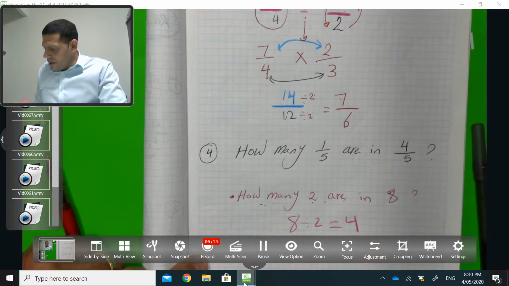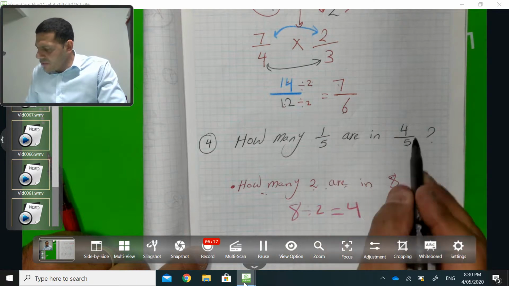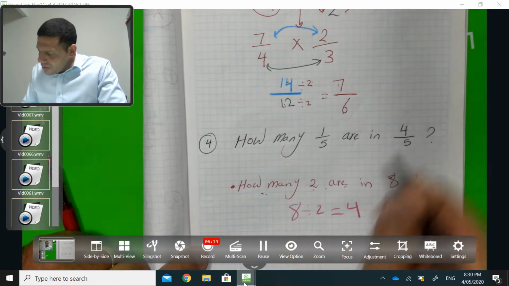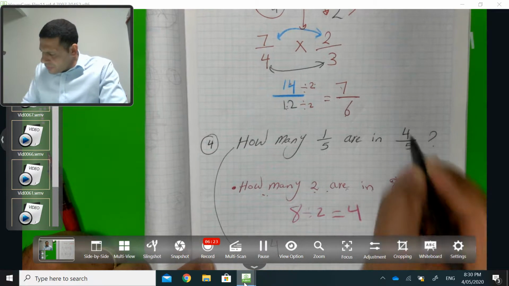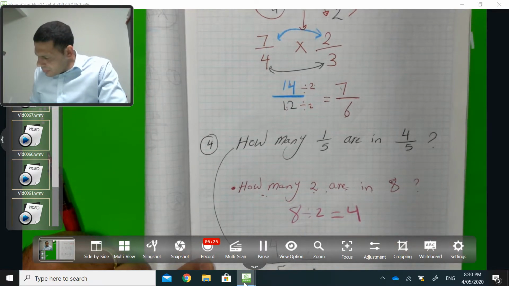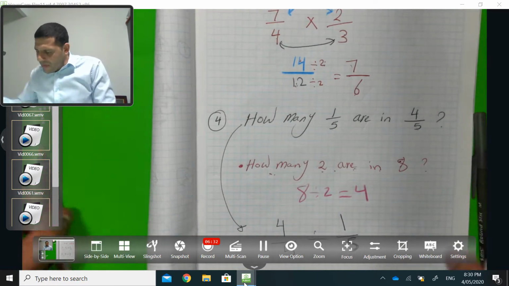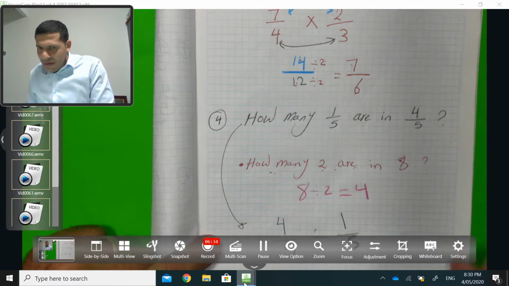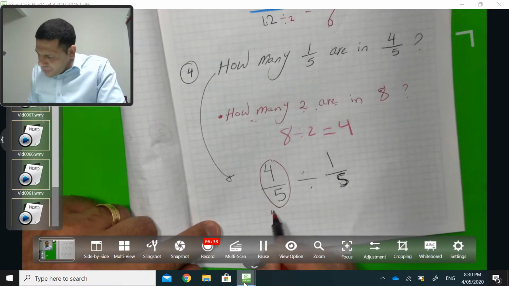Okay, guys? So the same idea here. If I ask you how many 1 over 5 are in 4 over 5, what can you do here? You divide 4 over 5 divided by 1 over 5. How do you do this, everyone? Yes, do it as a normal fraction. You keep the first fraction as it is, 4 over 5.